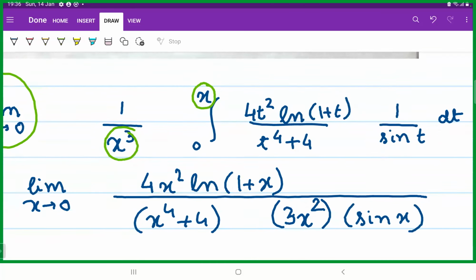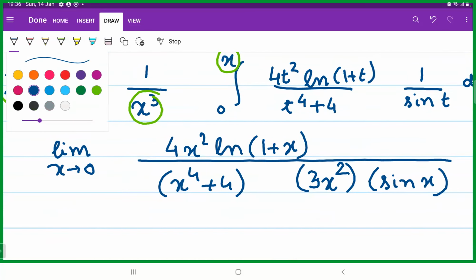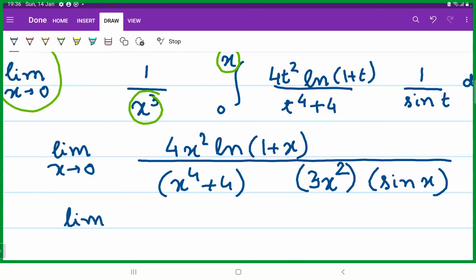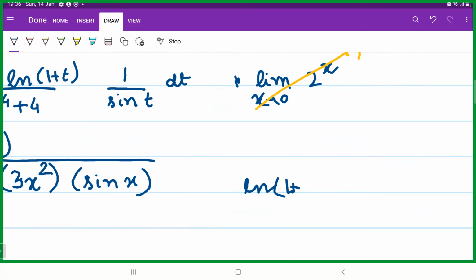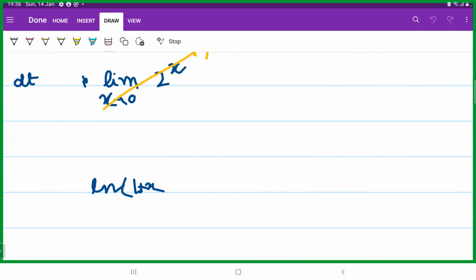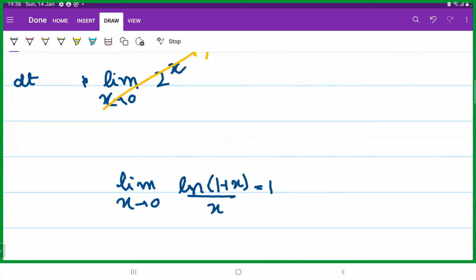Now we will put the properties of limits. See, the value of limit x tends to 0 of natural log of 1 plus x divided by x is equal to 1.